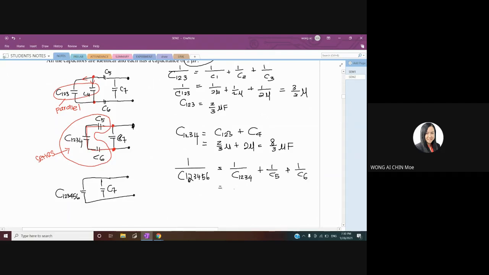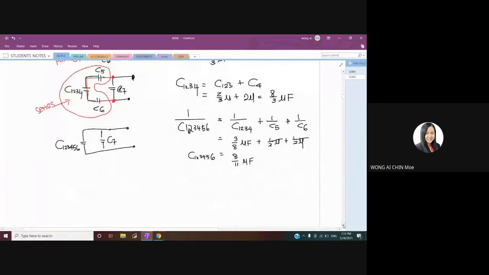So you substitute the values: 3 over 8, because it's 1 over 8 over 3, plus 1 over 2 microfarad plus 1 over 2 microfarad. So finally you will get the answer for C123456 as 8 over 11 microfarad.